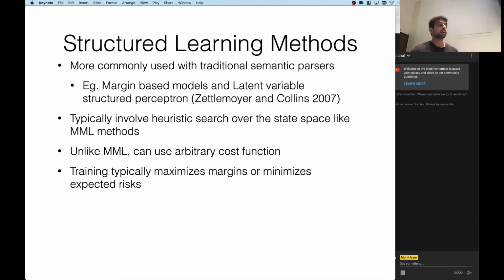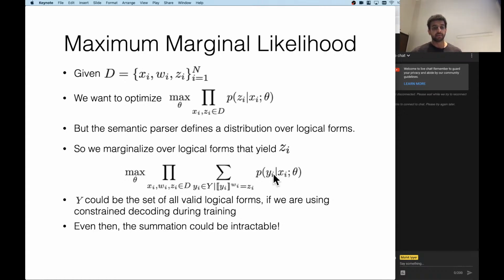So here, you might find one logical form that executes to the right answer and one that executes to an incorrect answer, or several that execute to incorrect answers, and then you can basically train your model to prefer the one that executes to the correct answer over the incorrect ones. So note that you can do that without this kind of probabilistic loss function.